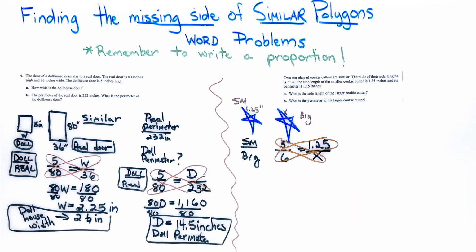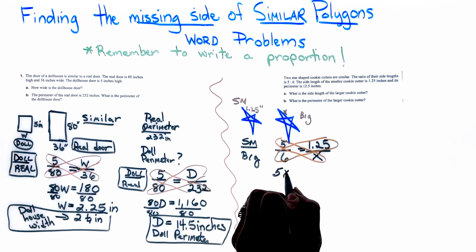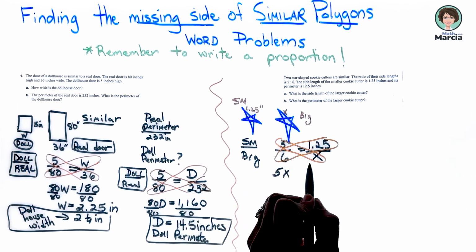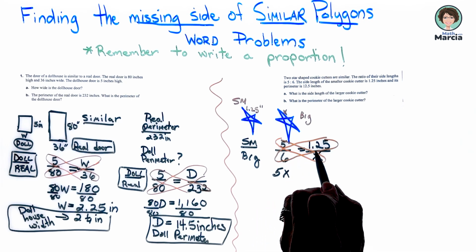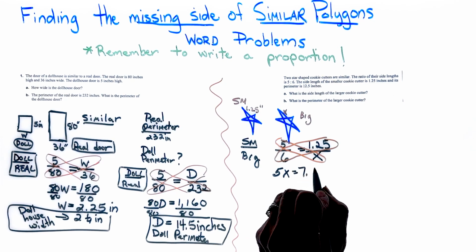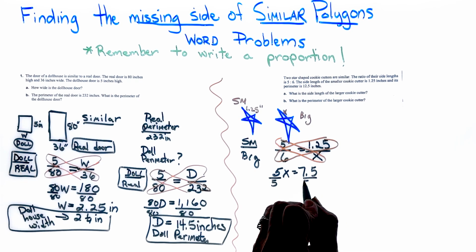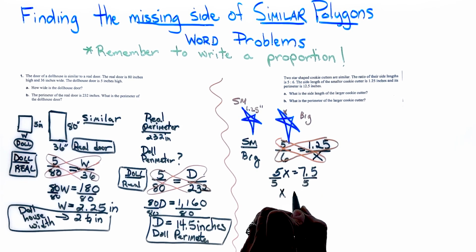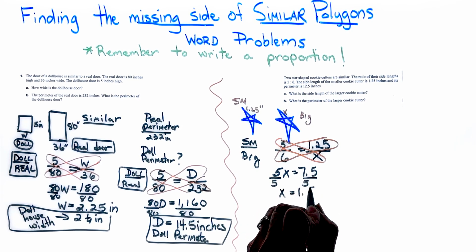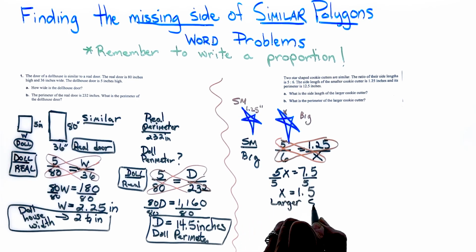That means we're multiplying, and we end up with 5x, multiplying 5 times x, and we multiply 6 times 1.25, and that is actually equal to 7.5. We divide by 5 on both sides, and so x is equal to 1.5, which is our larger star side.